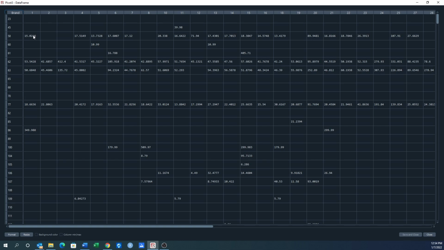Because it's possible that brand 58 on a certain day has 0 sales, and it won't show up in the data. There's not going to be an entry for brand 58 on that day.